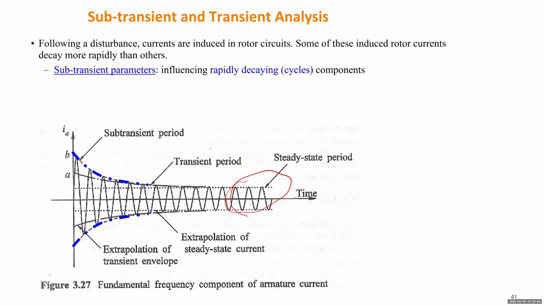How many seconds? 1/60, which is 0.017 second. That's one cycle. So if we talk about several cycles, let's say 6 or 7 cycles, that's about 0.1 second. Which means sub-transient dynamic usually will be finished within 0.1 second. Beyond 0.1 second, that becomes transient dynamic.